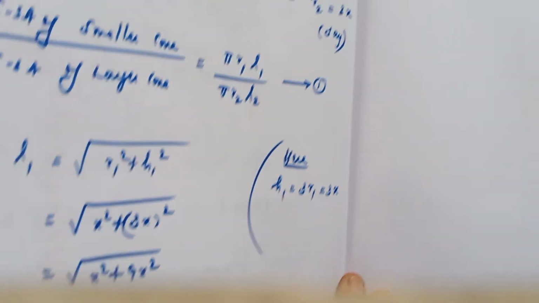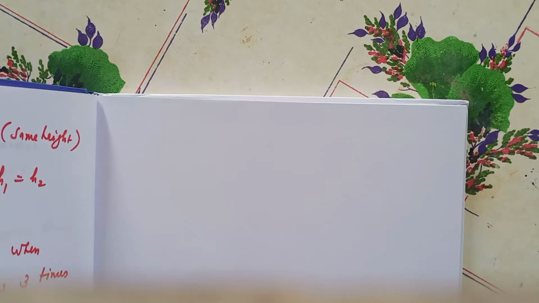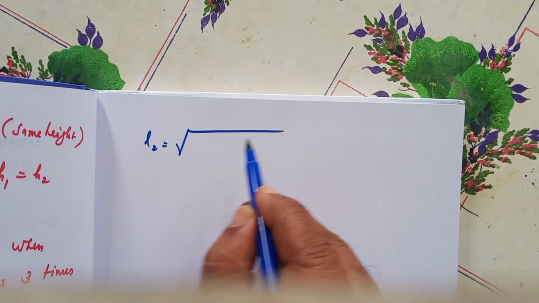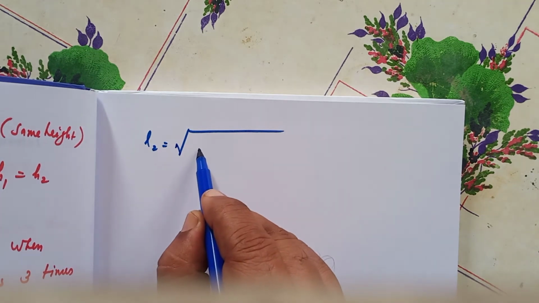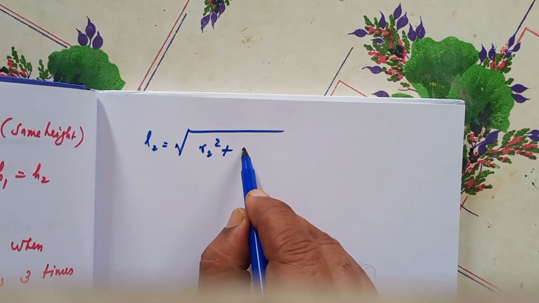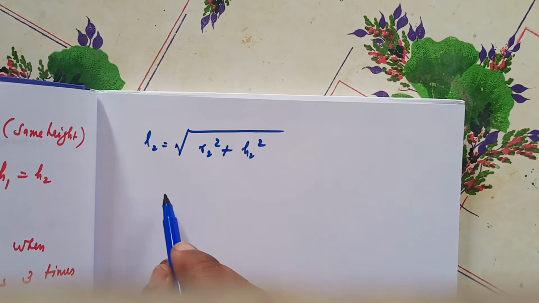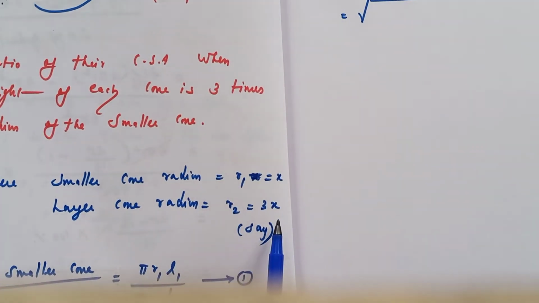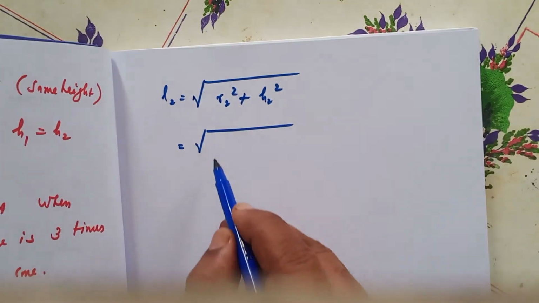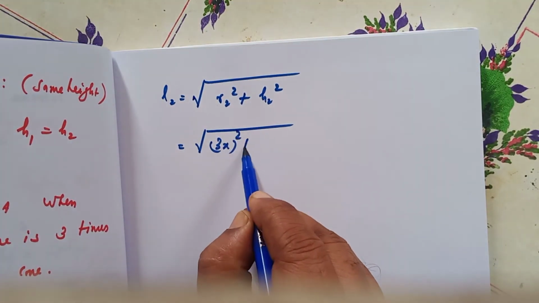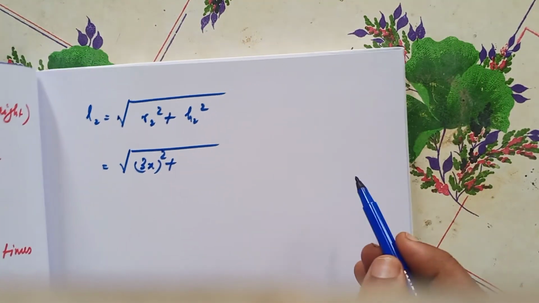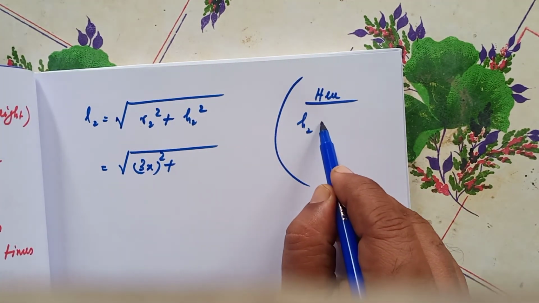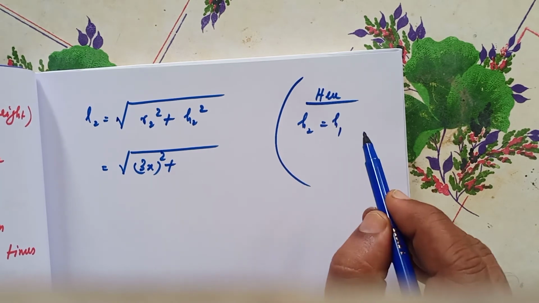Like that you have to find L2. L2 equals square root of R2 squared plus H2 squared, that is square root of 3x whole squared, R2 here is 3x. H2 and H1 are equal, correct?